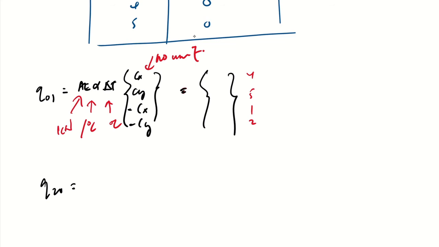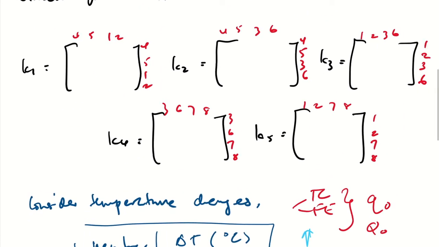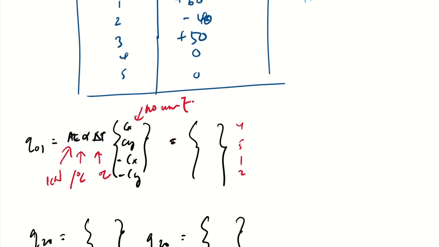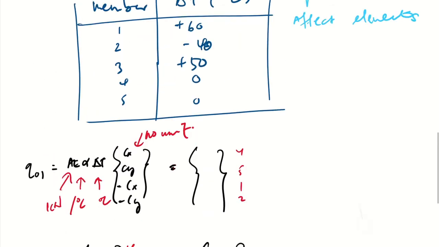Of course, AE and alpha will be given in the question. So we will get Q2 naught, Q3 naught, Q4 naught, Q5 naught. If you don't write into this, it doesn't matter because the value is all 0. So this Q2 naught is 4536, as well as 1236.